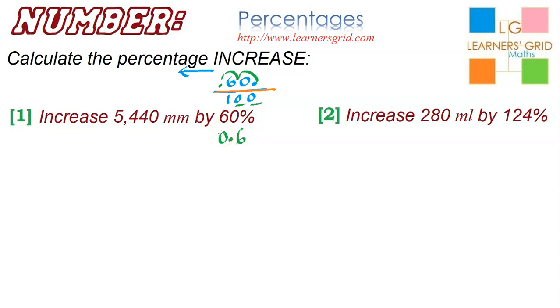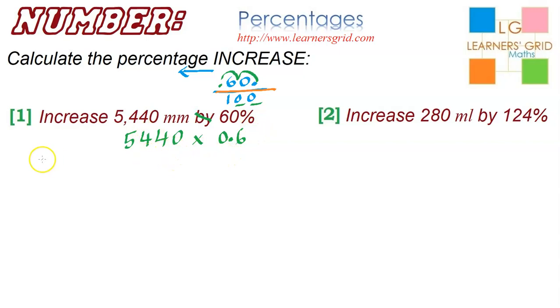Great. Now, what that means is that 5,440 multiplied, this is the "by" bit, so "by" means multiplied by 0.6. That will give us 60%.